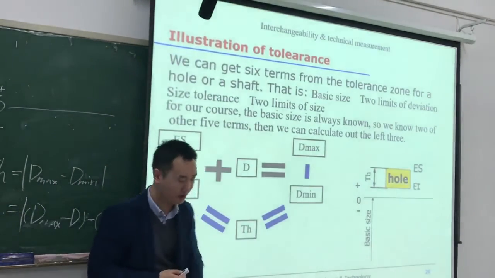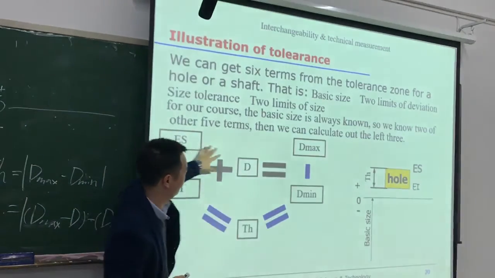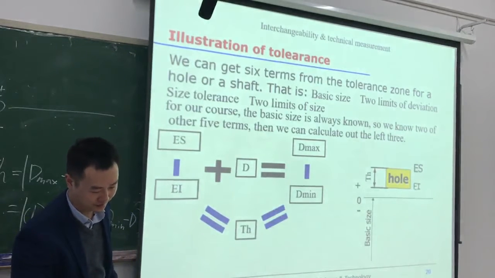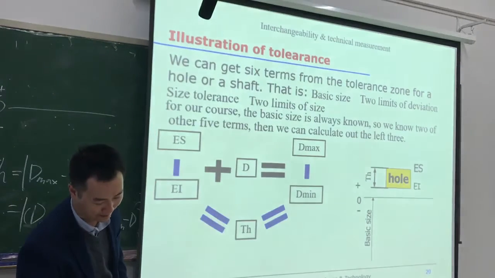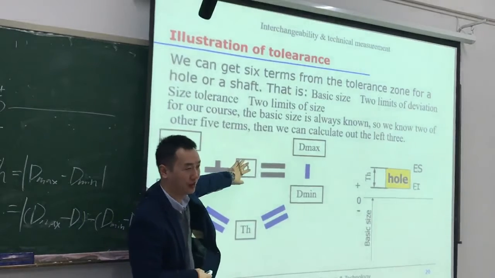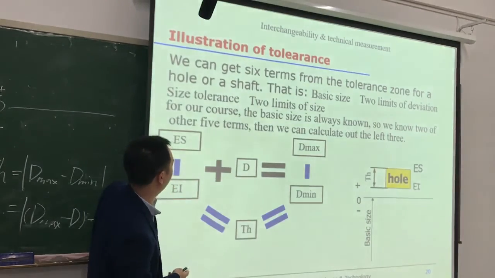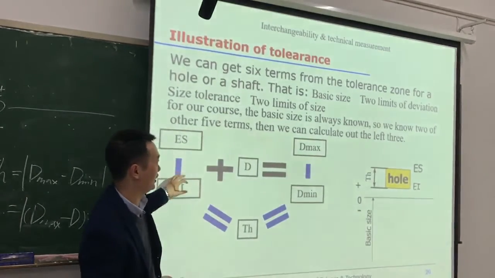So, in fact, according to this representation, as long as the basic size is always known, we will always tell you. And if we know 2 of the 5 values, we can calculate the rest of them.